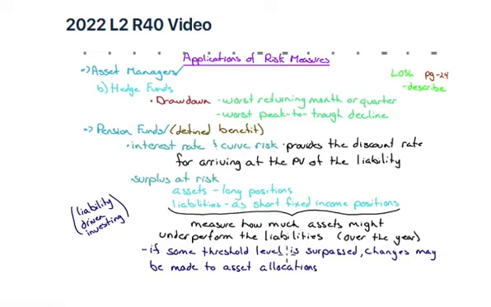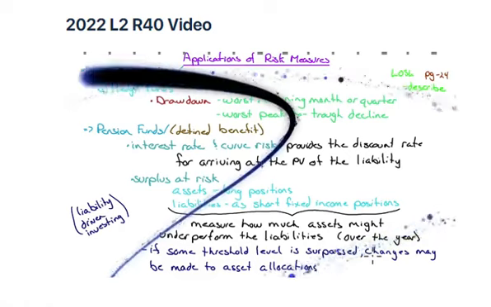If some threshold level is surpassed, changes may be made to asset allocations. This is called liability-driven investing, where you invest to meet these liabilities, and your asset allocation is driven by meeting them. So if your assets are going to underperform, you're going to have to reallocate some of those assets.